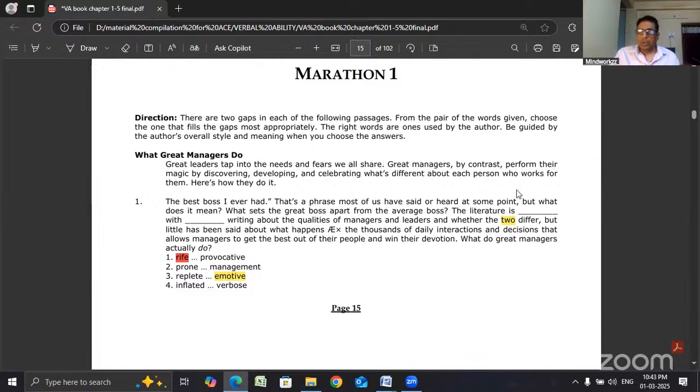The literature is rife with provocative writing about the qualities of managers and leaders, and whether the two differ. But little has been said about what happens to the thousands of daily interactions and decisions that allow managers to get the best out of their people and win their devotion. What do great managers actually do? Why am I reading this to you?